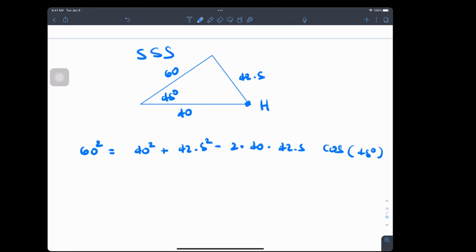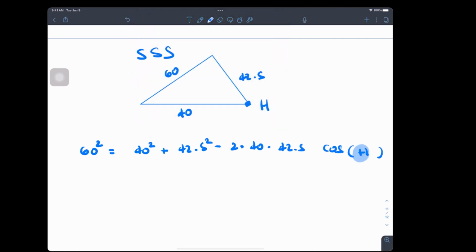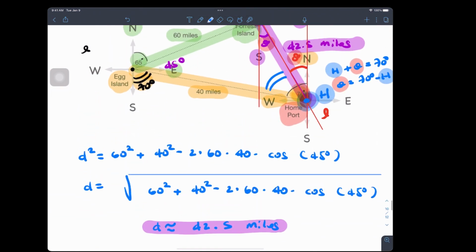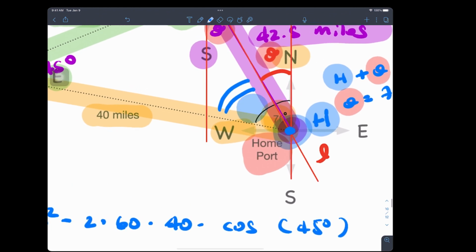I'm sorry, not cosine 45, cosine H. I apologize. That's H. This is what we're looking for, right in here. I think we colored it blue. We're looking for this angle right in here. This is the H we're talking about.